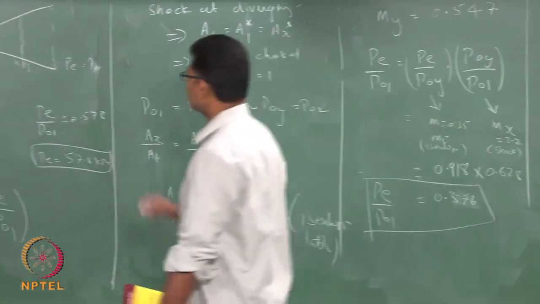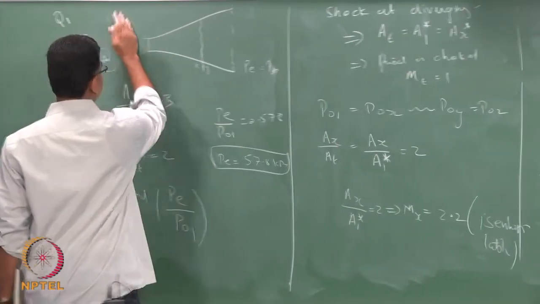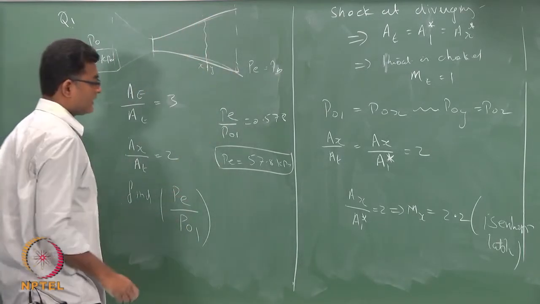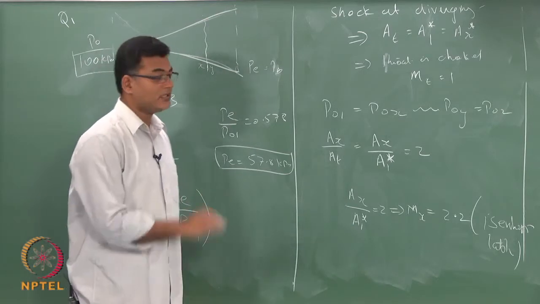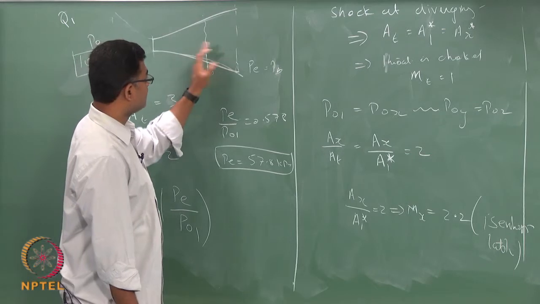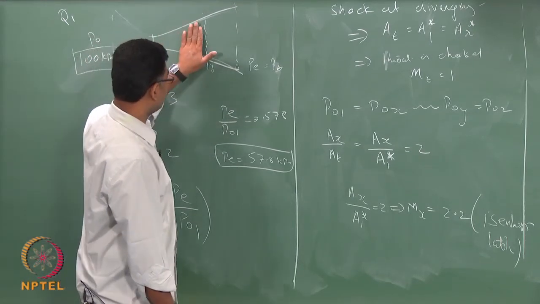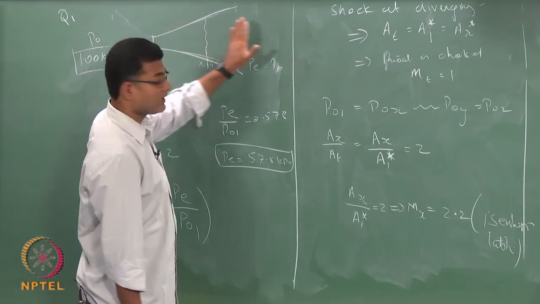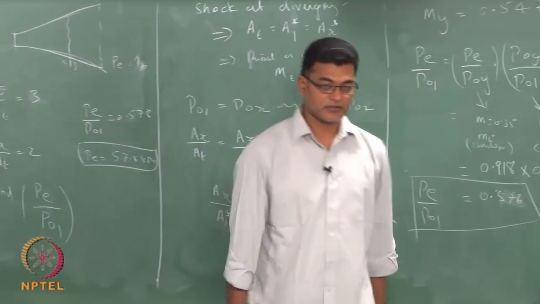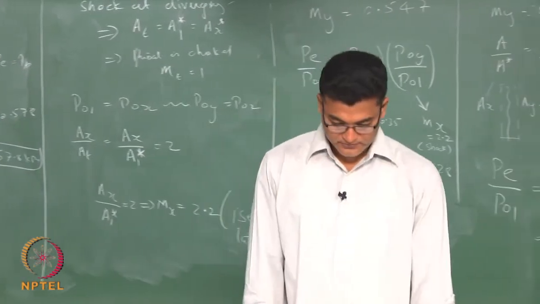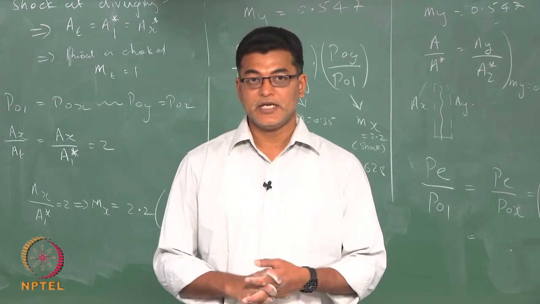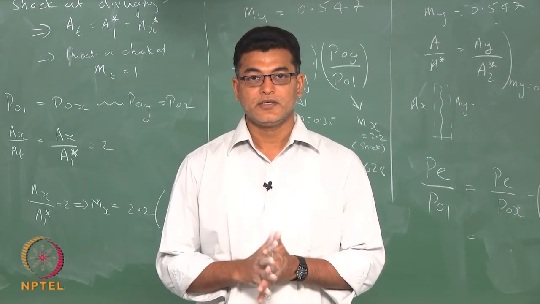If I have a diverging portion and a diffuser and there is a shock sitting here, you do the same kind of analysis and use the tables, the values before the shock and after the shock, and the normal shock tables for the properties across the shock. That should solve the entire standing normal shock problem. Okay, thank you.